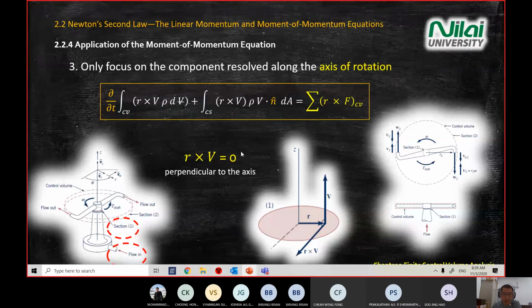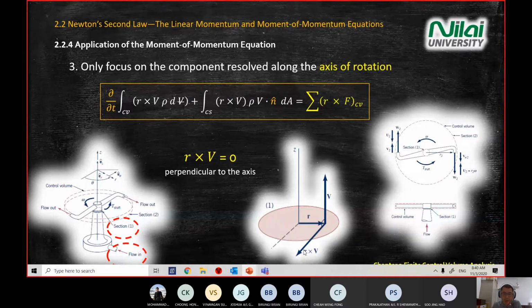So this is just a remark. What happens if your velocity is perpendicular to the axis? All right. So this is a simplification concept. So you need to look at a question. If your velocity is along z-axis and your r is along y-axis, your product is 0.